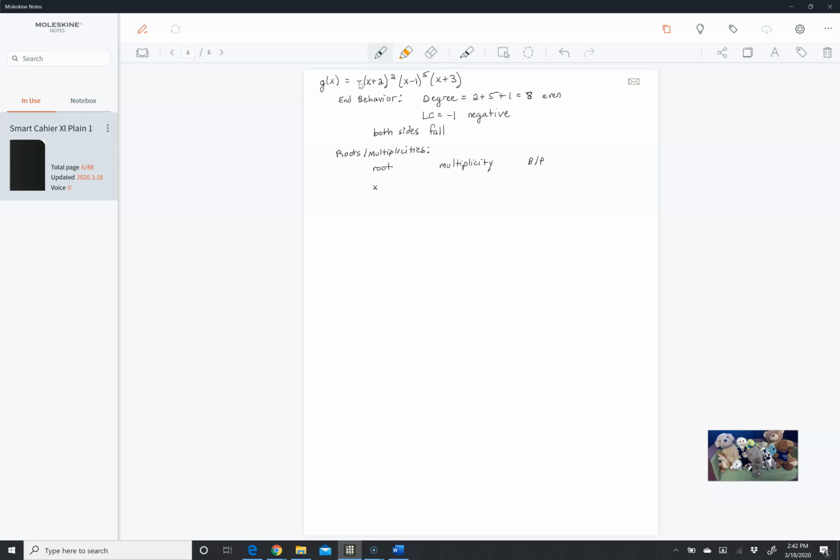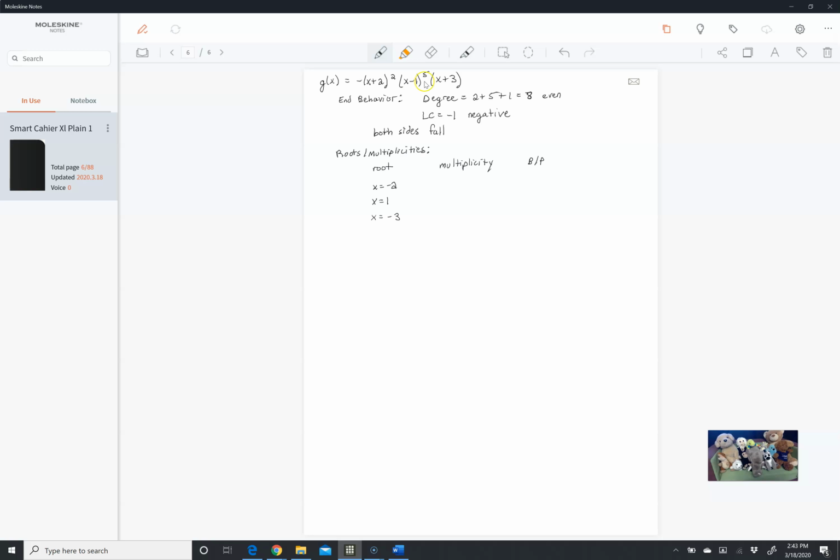Our first root is x equals -2. We're getting that from the factors. The factor is x plus 2. Remember that if we're solving for the roots, we're setting each factor equal to 0. So if the factor is x plus 2, then the root is x equals -2. The next one, our root is 1. And finally, our root is -3.